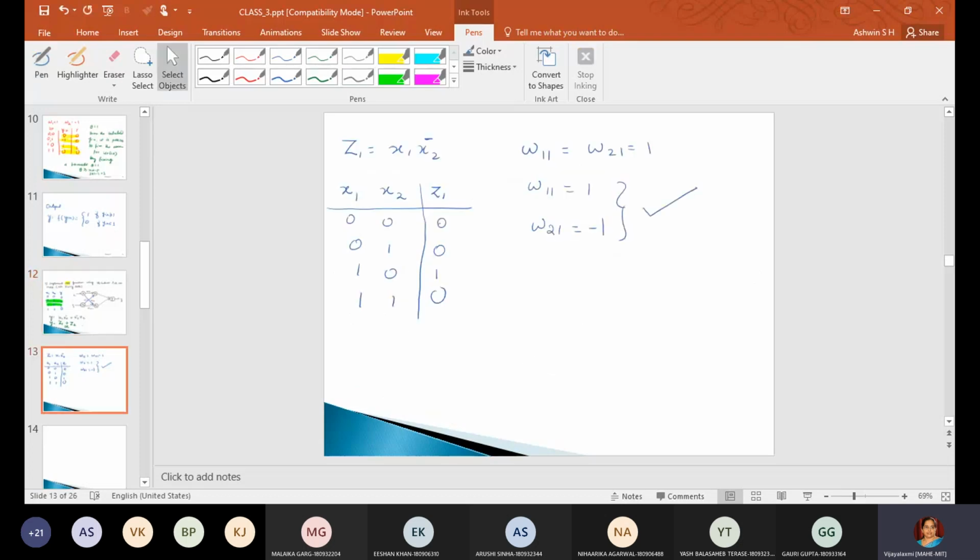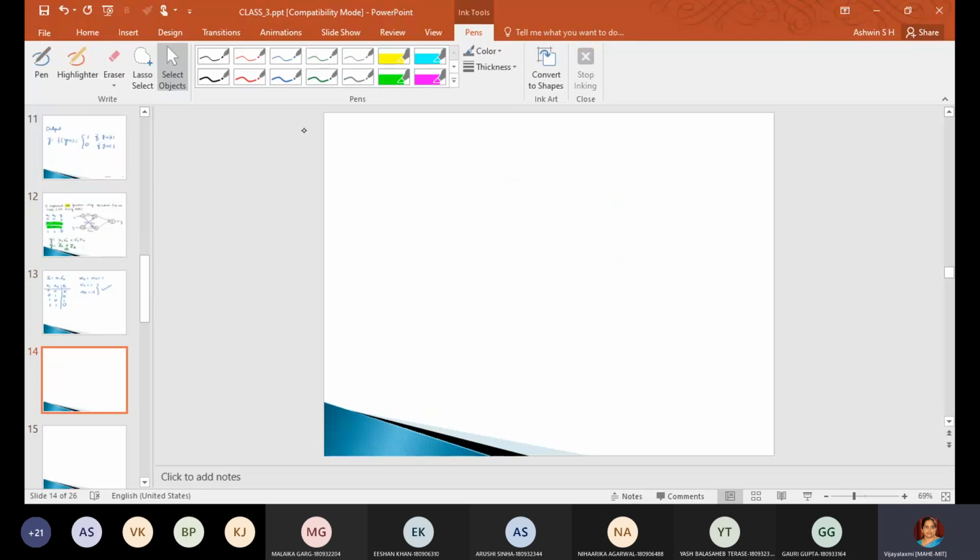Now the second step is to try to get the expression for z2. Similarly, you do it for z2. So z2 is equal to x1 bar x2. You write the truth table, x1, x2 and z2. 0 0, 0 1, 1 0, 1 1.